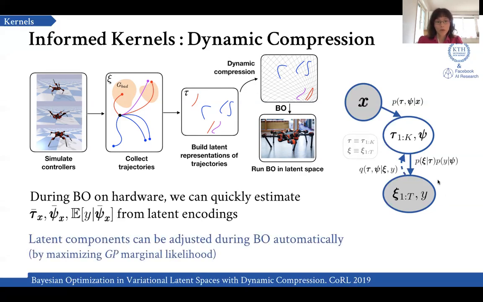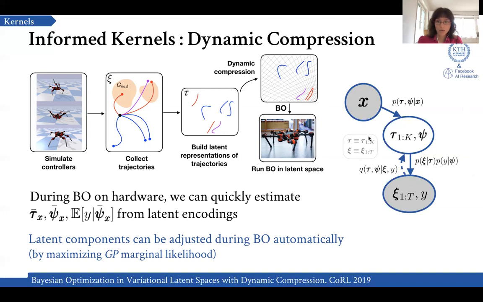All right, so the good part about this setup is it has been designed in such a way that all the latent components here, so the probability distribution of the latent paths and their undesirability, can be adjusted during BO automatically. This is in contrast to some other approaches like deep kernel learning or manifold GPs, which would need to adjust all of the larger neural networks that have to do with the overall space.